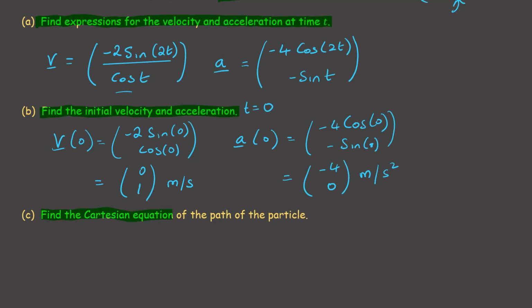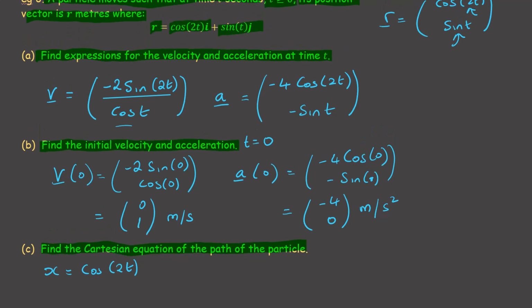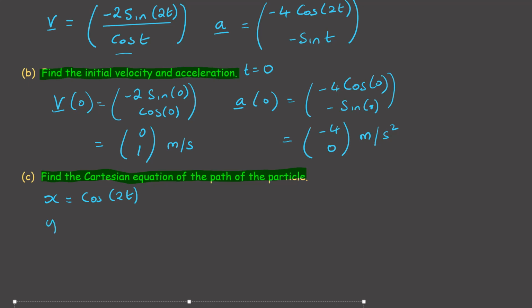Find the Cartesian equation of the path of the particle. So, we have that x is equal to cos 2t. So that's just from there. And the y would be equal to sine t.